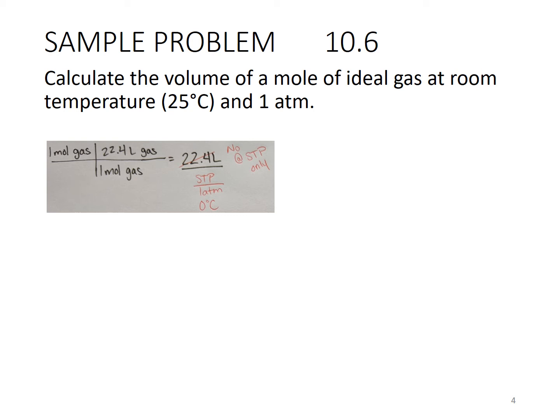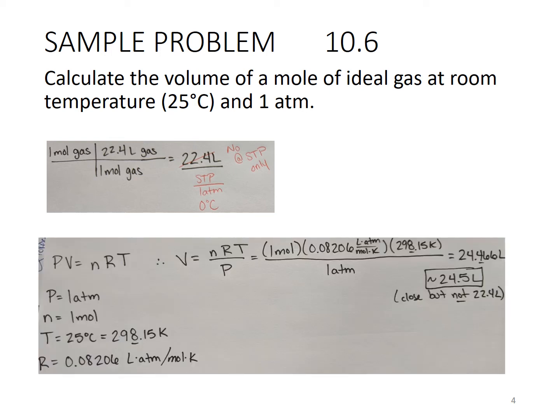STP was 1 atmosphere and 0 degrees Celsius, and we're at 1 atmosphere and room temperature, 25 degrees Celsius. It's not a big deal because we can just plug that into PV equals nRT. Pressure is 1 atmosphere, 1 mole of gas. Our temperature needs to be in Kelvin, so 298.15 Kelvin is 25 degrees Celsius. We always know R, and we just plug and chug. So we get about 24.5 liters.